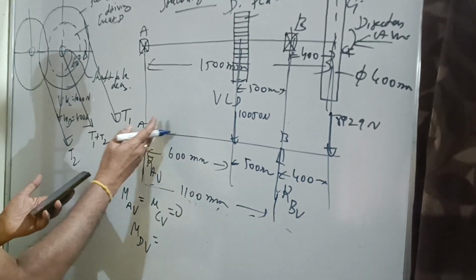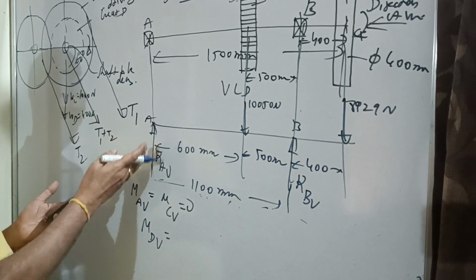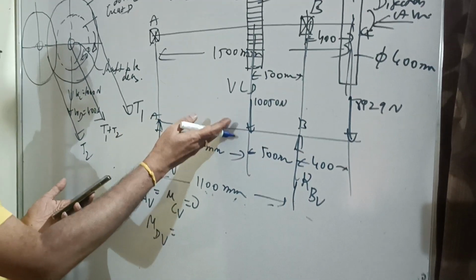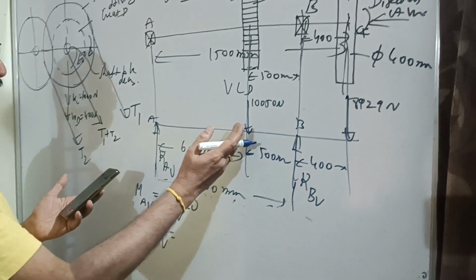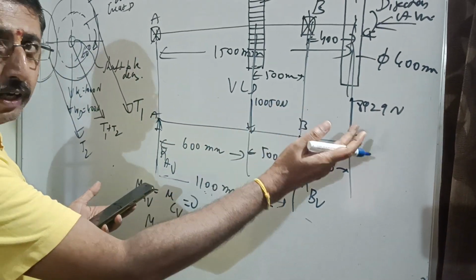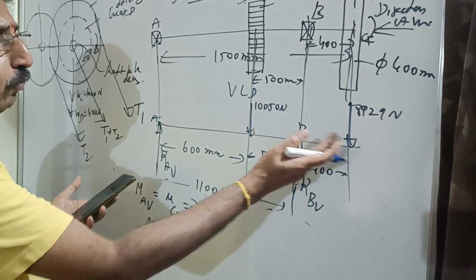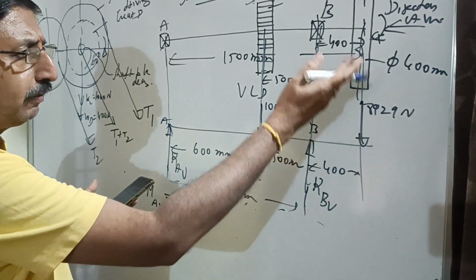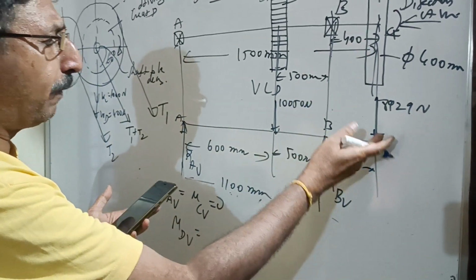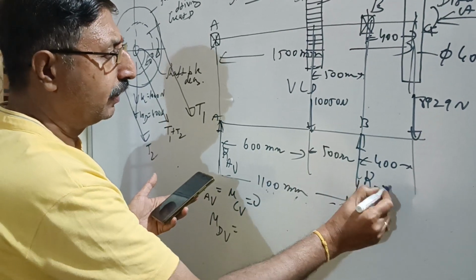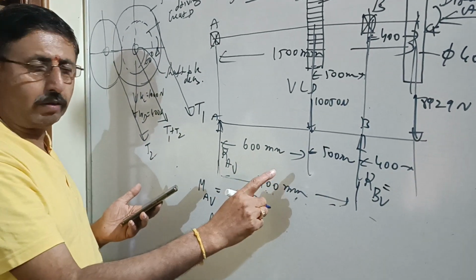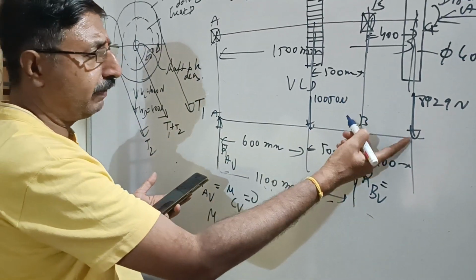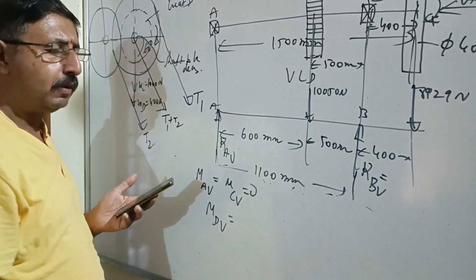In this problem, because there is only one force to the left of point D, it is easy for me to find the moment due to RAV only. If I want to find the moment due to all the forces to the right of point D, there will be two forces: 8,929 Newton acting at point C and RBV, the reaction at support B. Now we have to take both, so we have to find the moment due to 8,929 Newton and also the moment due to RBV.